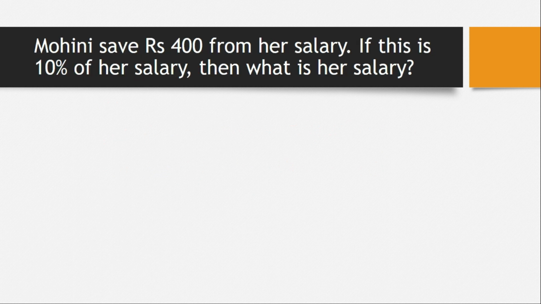Next is Mohini saves rupees 400 from her salary. If this is 10% of her salary, then what is her salary? So Mohini saves how much? Rupees 400.